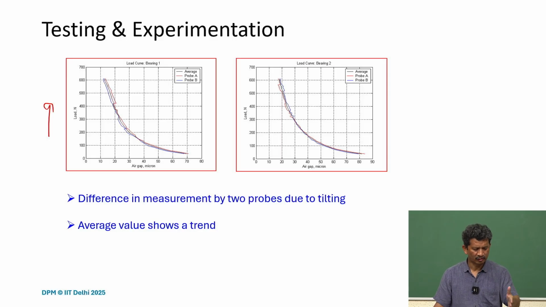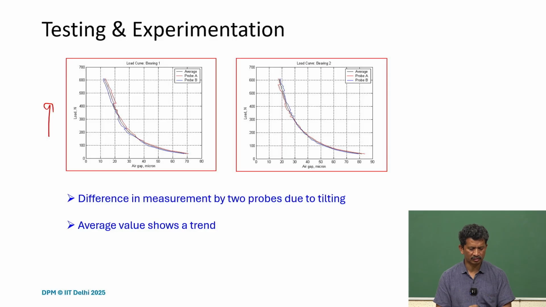Therefore, what we see here is evident, because it's moving from one side to the other side, and there is a jump. But once we take the average, we can get a very good line, because the tilting effect, being 180 degrees, can be nullified. There is an increase, but there will be an equivalent decrease.